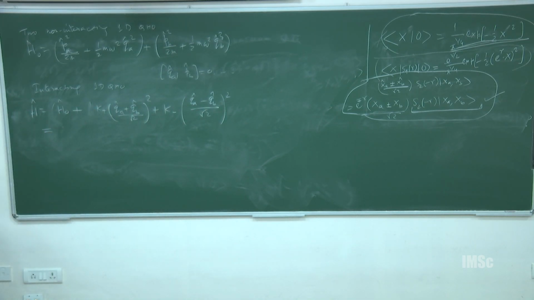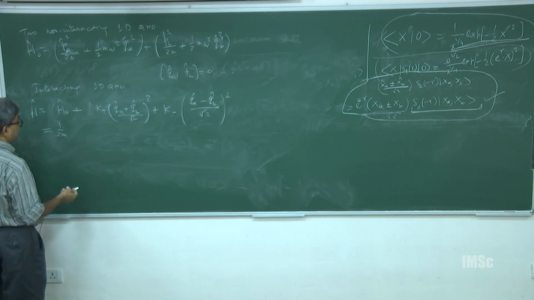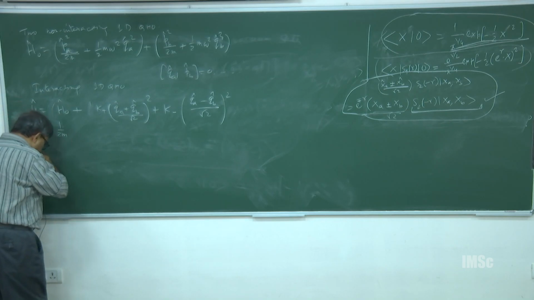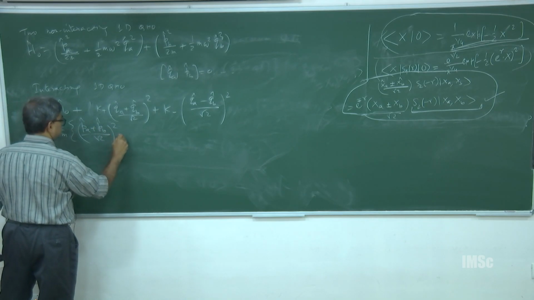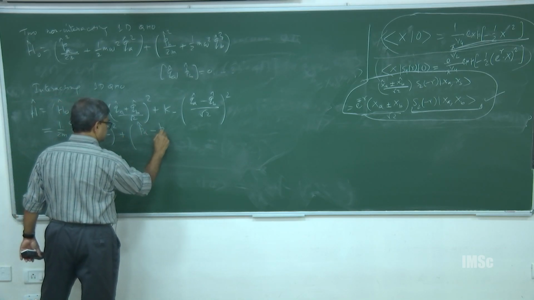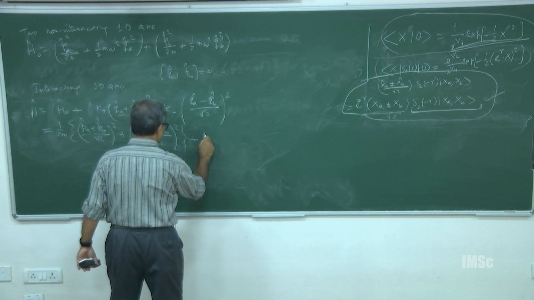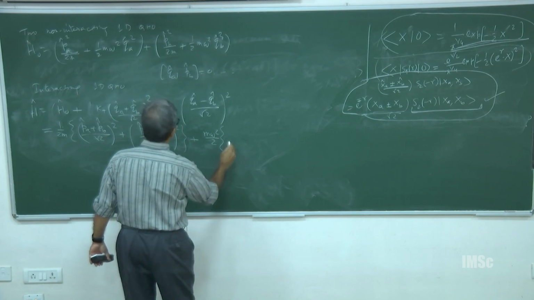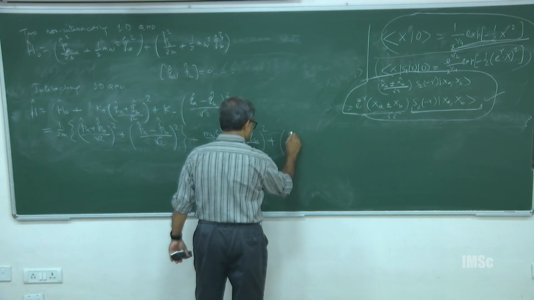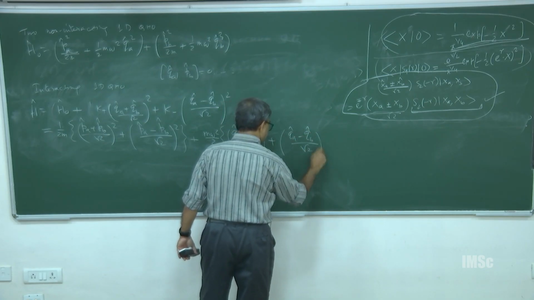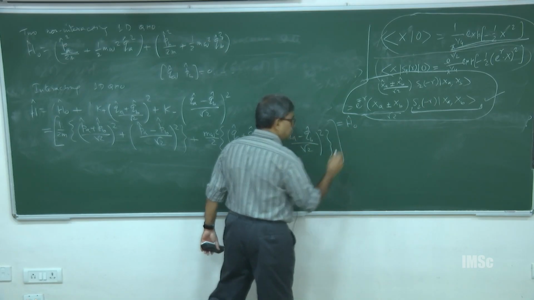So, this now I can write as, so this part, this is my H naught, the non-interacting Hamiltonian.